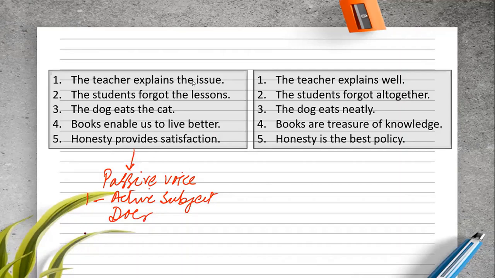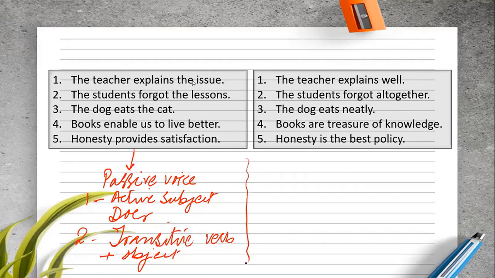That's why these five sentences on the left side of the page can be changed into passive voice. See, there is an active subject, doer, transitive verb plus object. Now these five sentences on the right side of the page cannot be changed into passive voice because they have all those things, but the object is missing. That's why they cannot be changed.